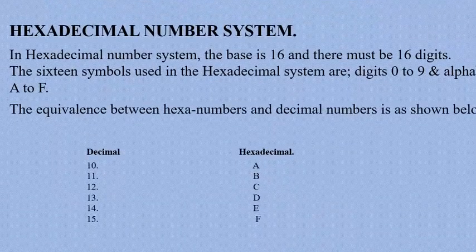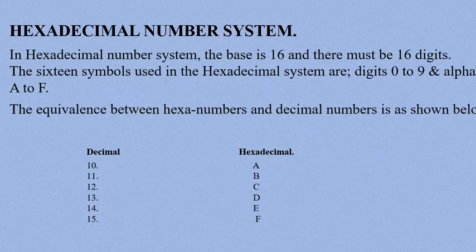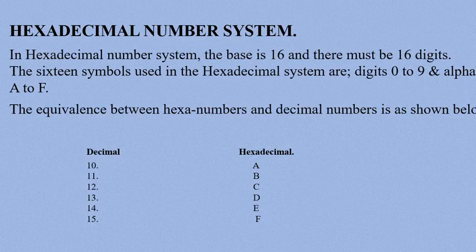Then we have the hexa. Hexa means 16. Hexadecimal number system. In the hexadecimal number system, the base is 16, and therefore there must be 16 digits. The 16 symbols used in hexadecimal number systems are 0 to 9 and alphabets A to F. Therefore, we start from 0 all the way to 9.